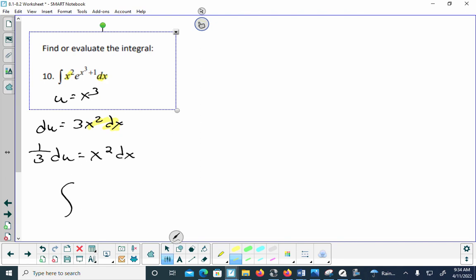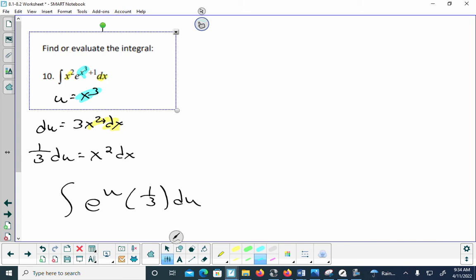Now when I go and rewrite this, I can rewrite it as e to the u, and then the 1/3 du to take care of that x squared dx.